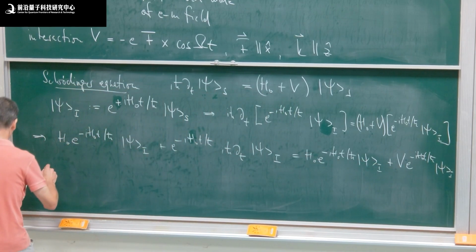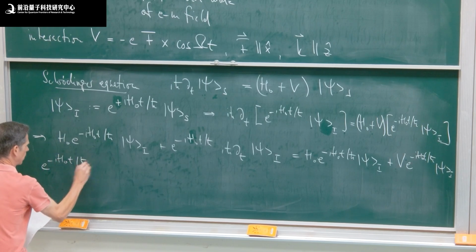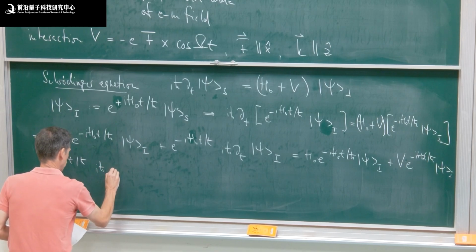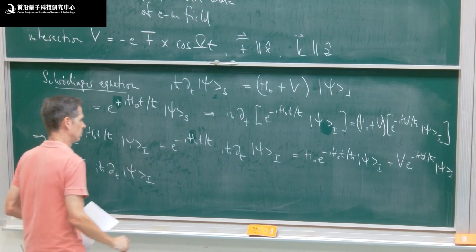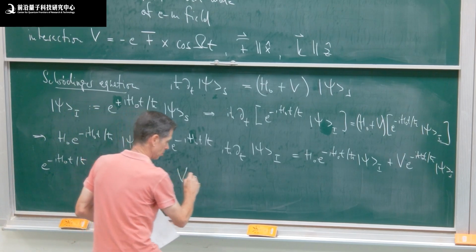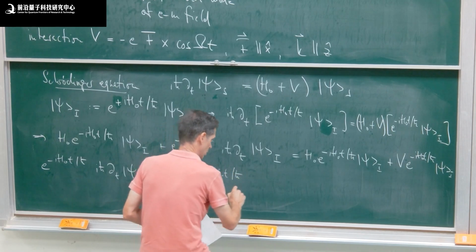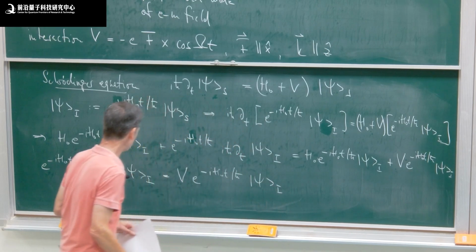So I get e to the minus i H0 t over ħ iħ ∂t psi I equals V e to the minus i H0 t over ħ psi I.